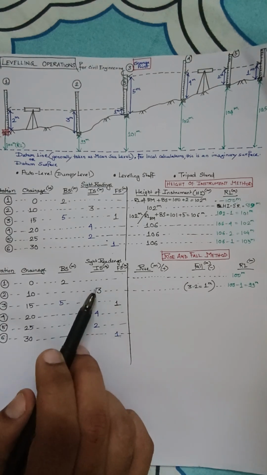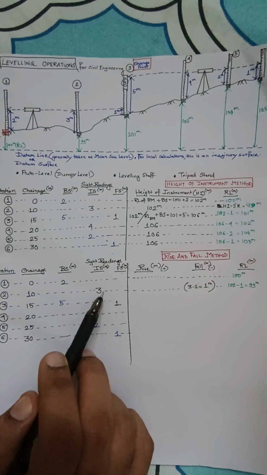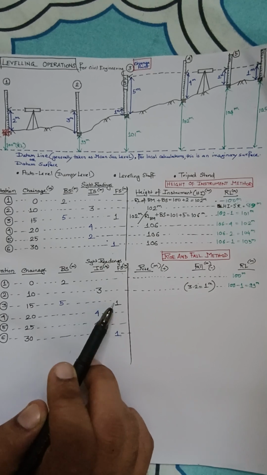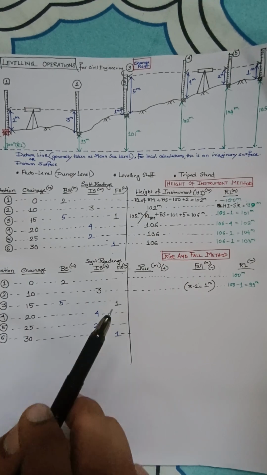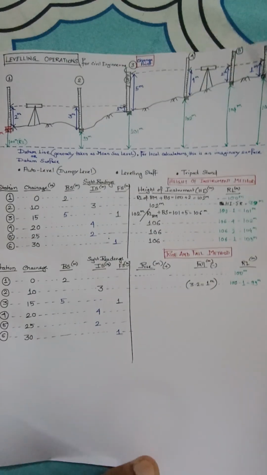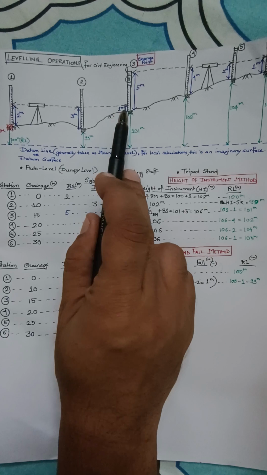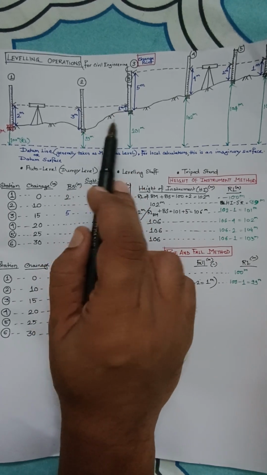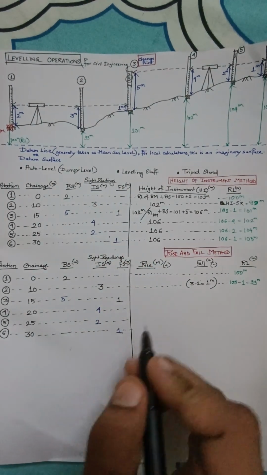Now you see that from station number 2 till station number 3, the reading has actually got short. The reading has reduced. As I said before, if the reading reduces, that means the ground is basically increasing. And as you can see from here also, the ground is increasing. So basically you're rising. So whatever difference happens in between, it will fall under the rise. So how much is the difference?